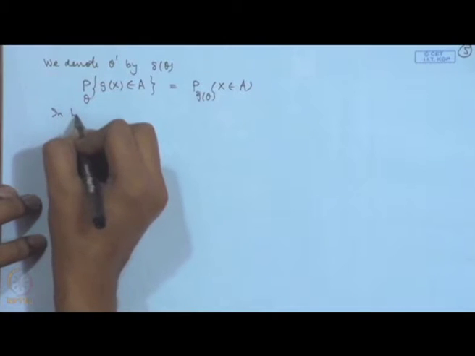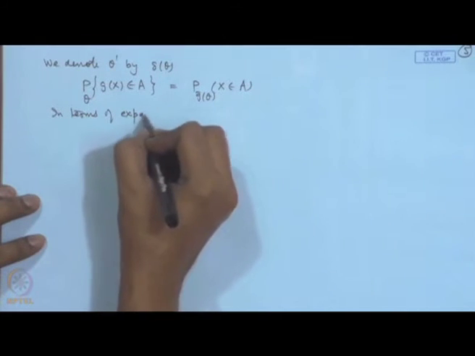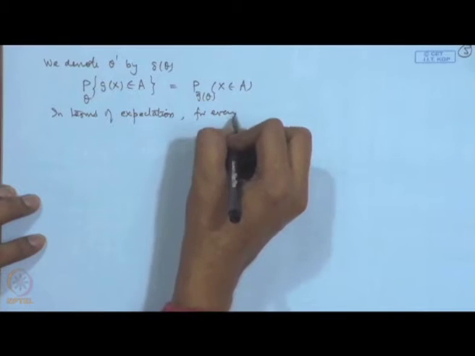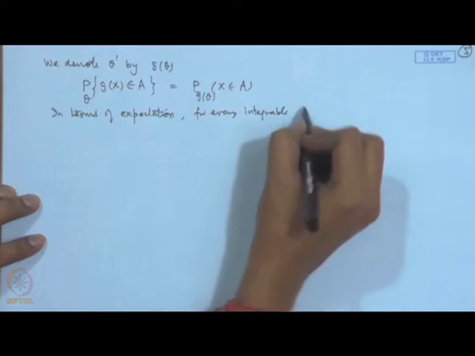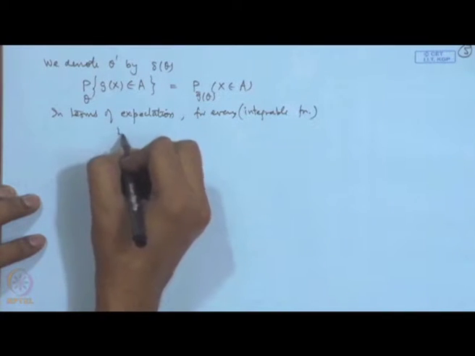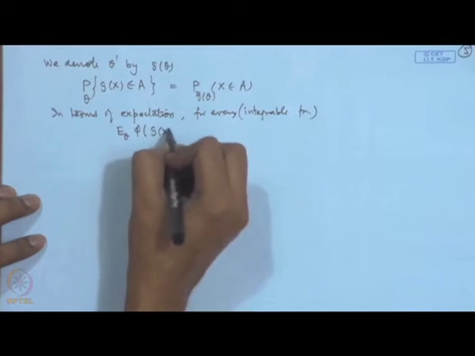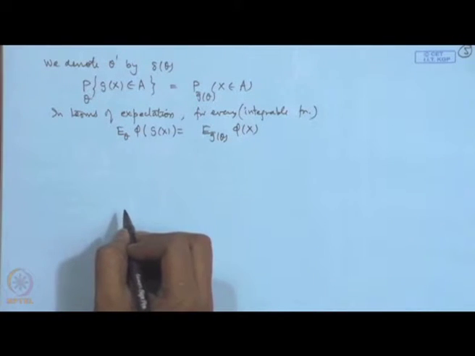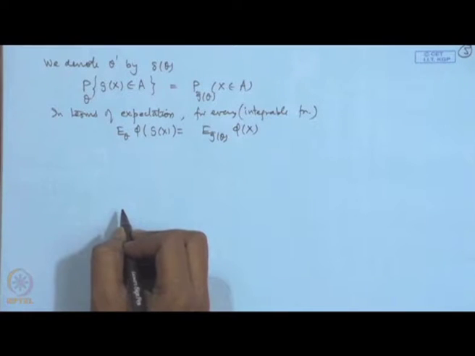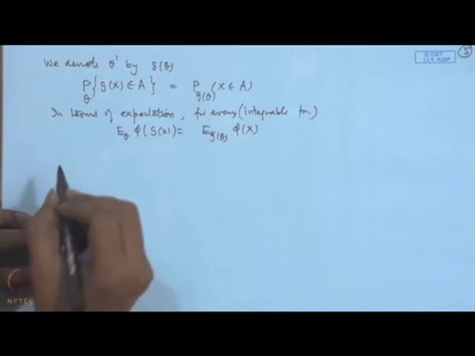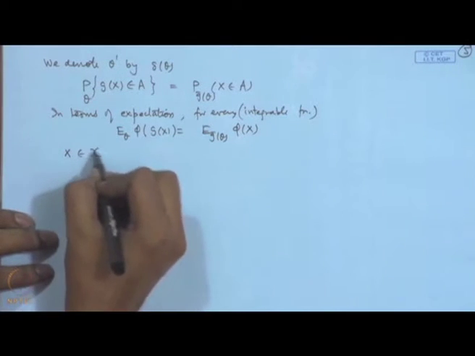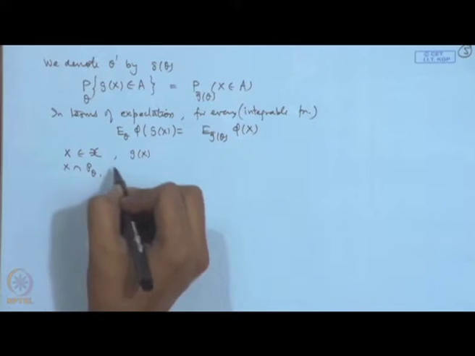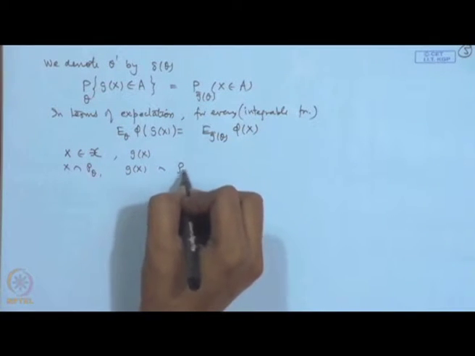In terms of expectation, this condition is saying that for every integrable function phi, the expectation of phi(g(X)) is equal to the expectation of phi(X) under g bar theta. So, for X belonging to script X, we are introducing g(X), and if X has distribution P_theta, then g(X) has distribution P_{g bar theta}.